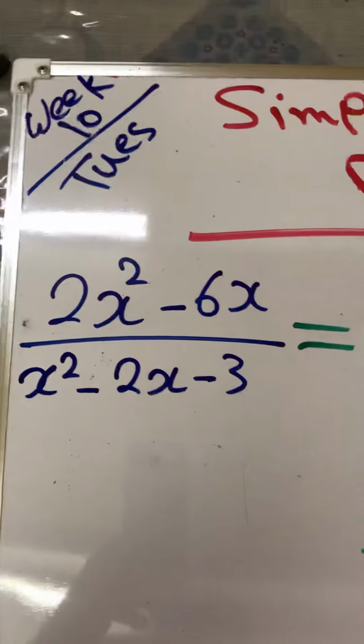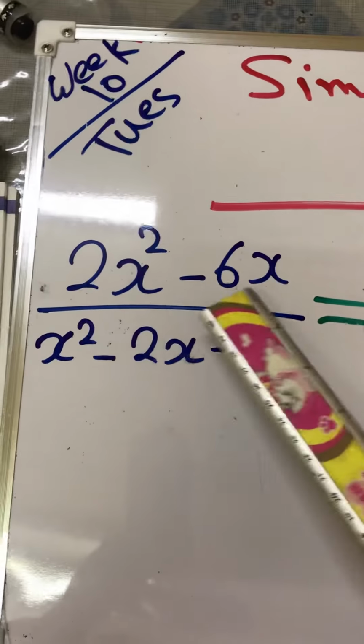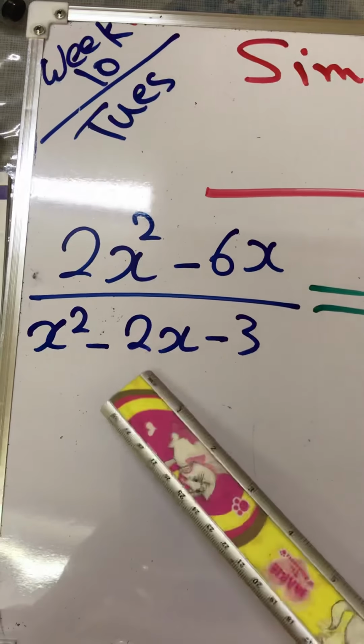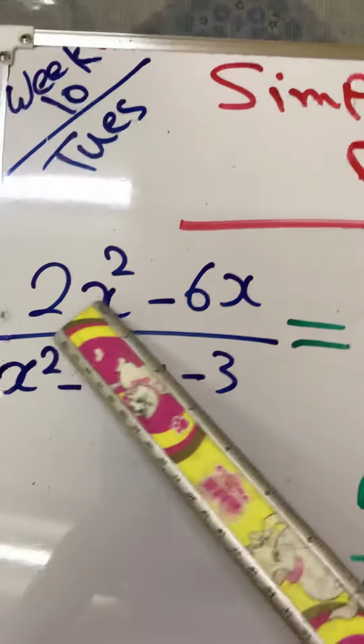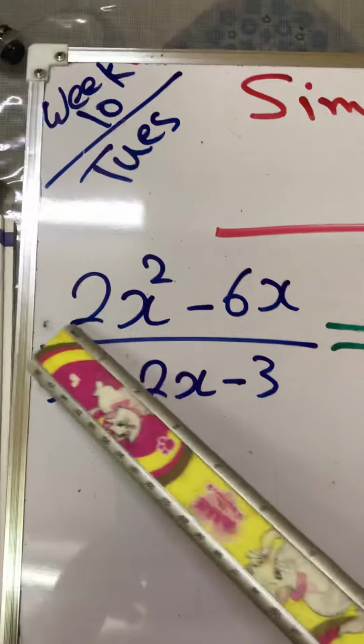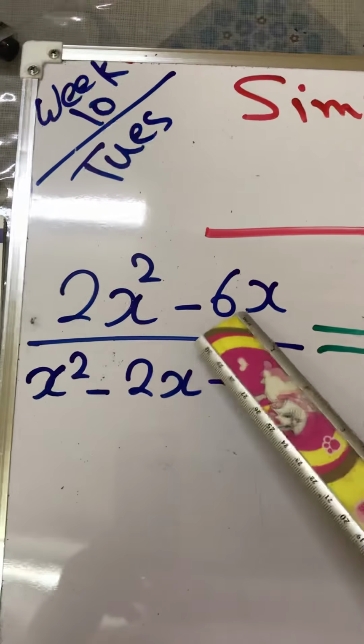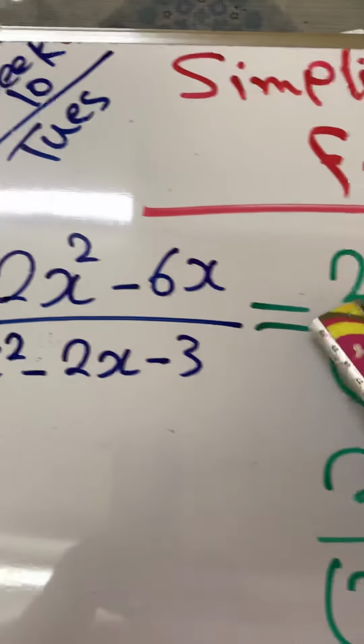Let's take an example: 2x squared minus 6x over x squared minus 2x minus 3. I start to factorize the numerator. I can factorize it by taking a common factor from the numbers, which is 2, and from the variable I'll take the least power, so I'll take x as a common factor.